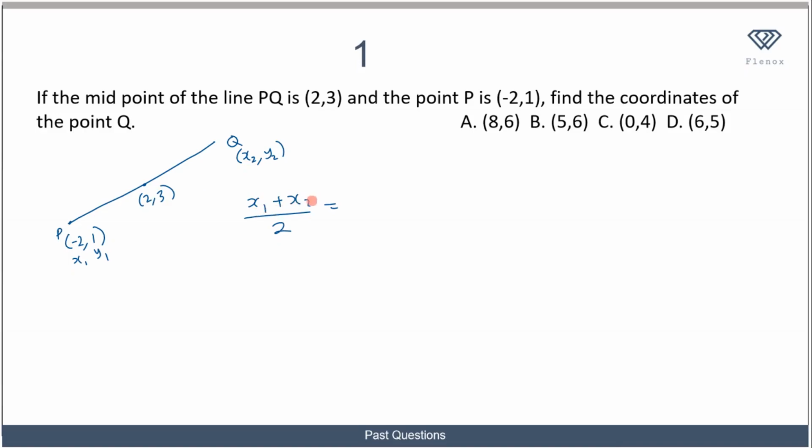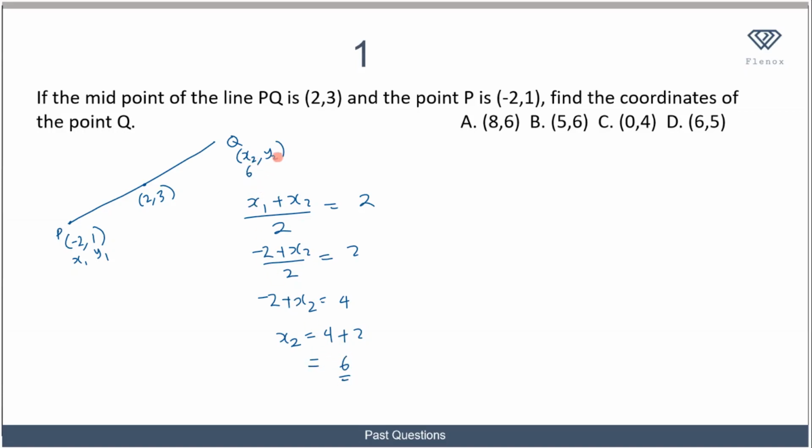So x1 plus x2 over 2 equals 2. I know the value of x1 is minus 2, so I can write minus 2 plus x2 over 2 equals 2. So I have minus 2 plus x2 equals 2 times 2, which gives me 4. Then x2 equals 4 plus 2, which equals 6. So the value of x2 is 6.